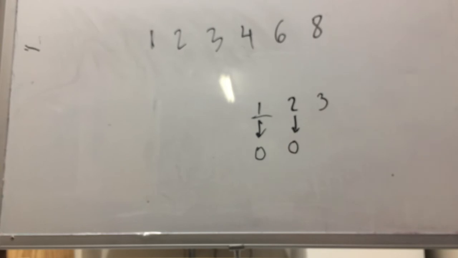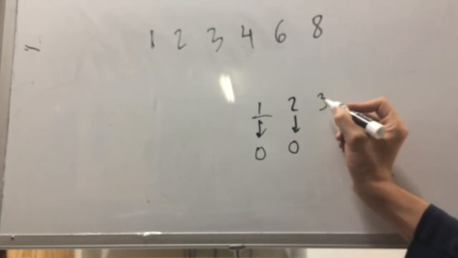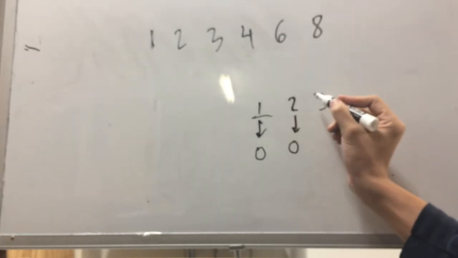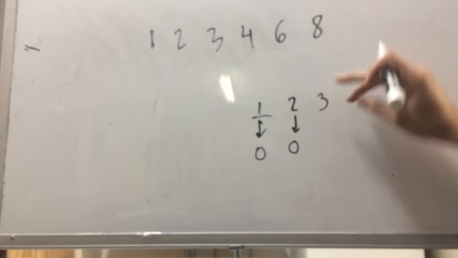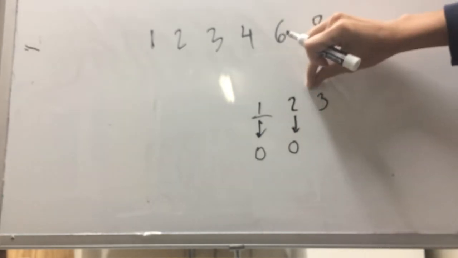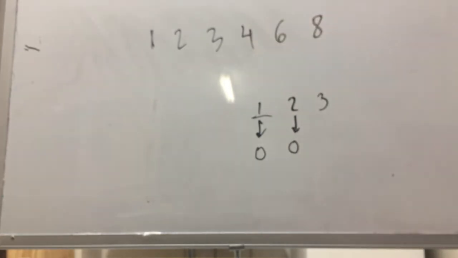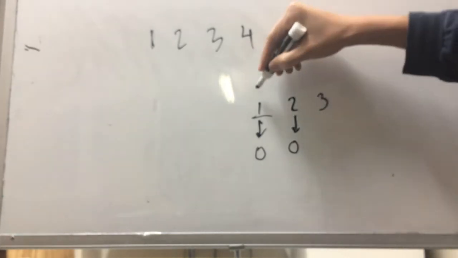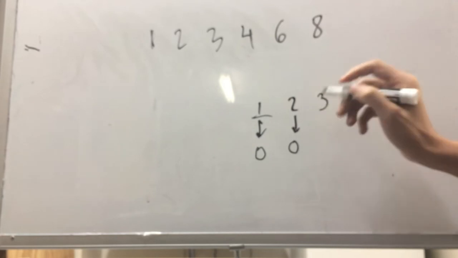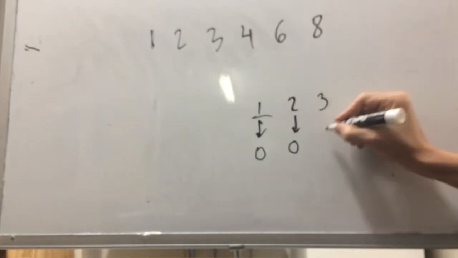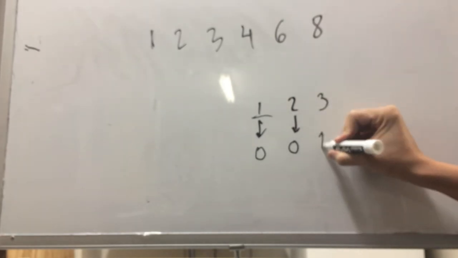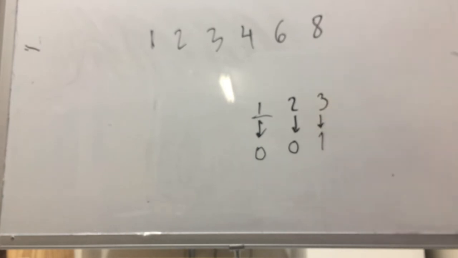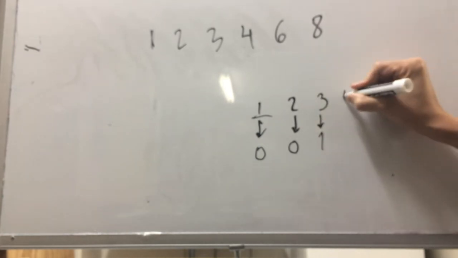So we have to check if 3 minus 2 is the same as 2 minus 1. If the difference is the same, then that means 1 to 3 is one arithmetic slice. So we just say 1, right? But now let's look at 4 here.